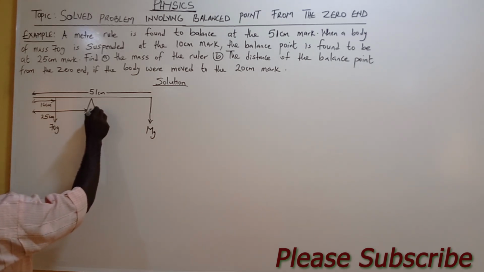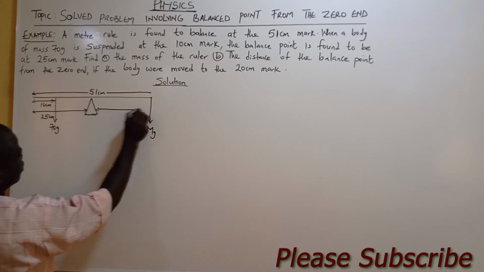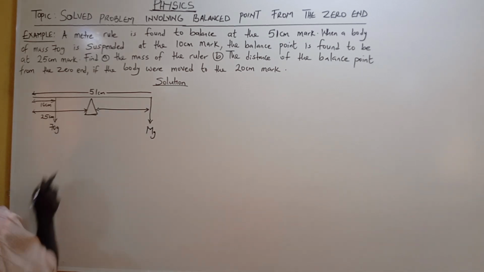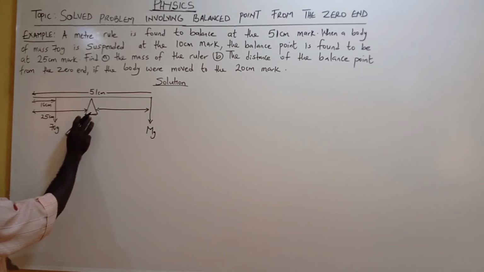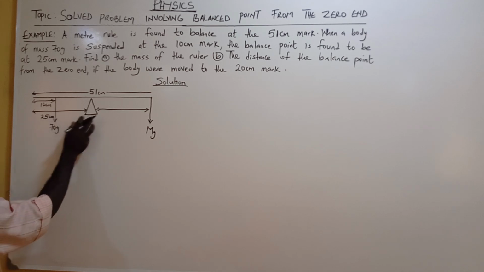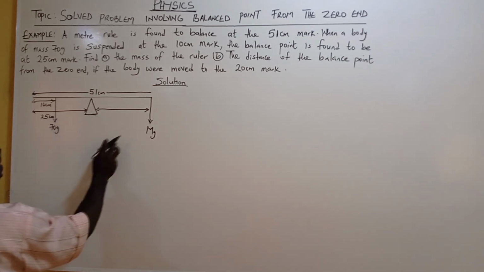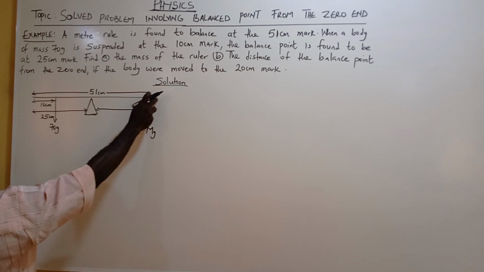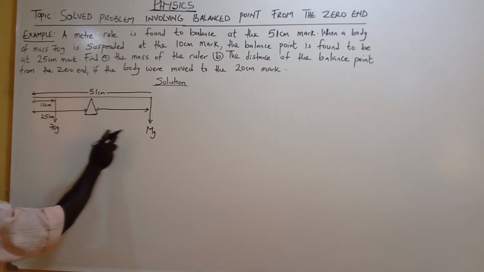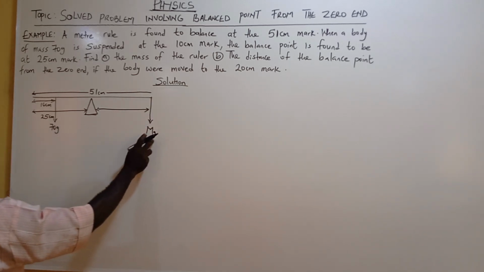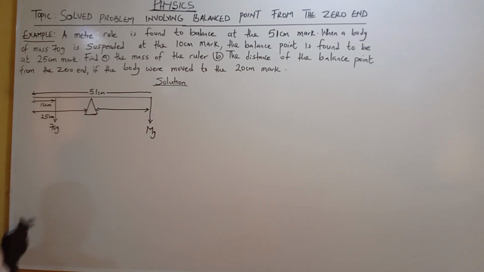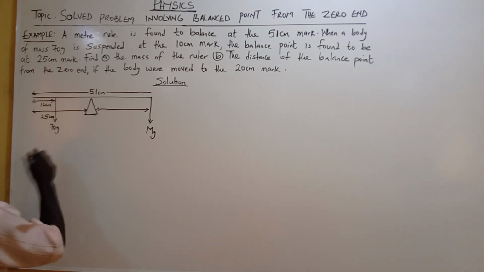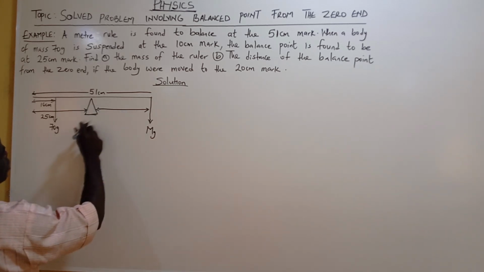We want to find the mass of the ruler. This mass of the ruler, when you shift it here, that means that the balancing point now shifts from formerly 51. Now, what will be the mass equivalent at the other side that will balance the meter rule appropriately? Now, let's get the distances.